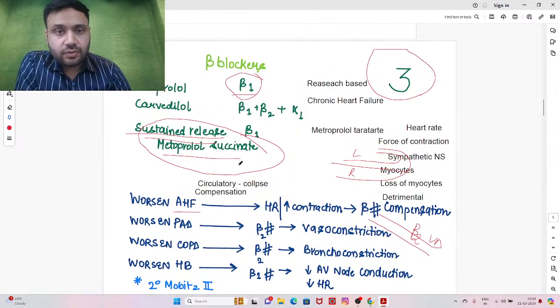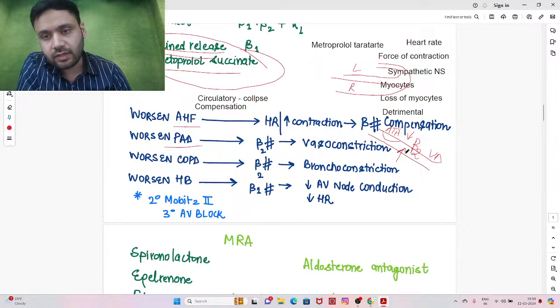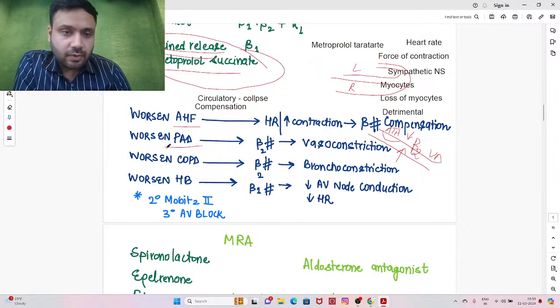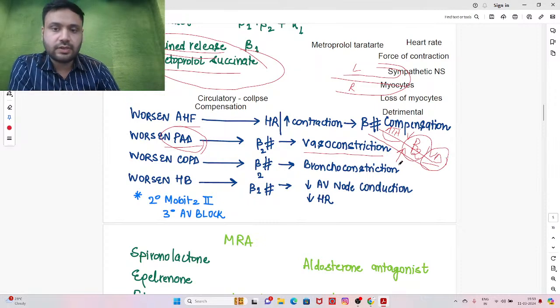If you gave a beta blocker to a person with peripheral arterial disease, where the blood vessels are blocked by atheromas, by atherosclerosis, you would narrow the blood vessel and cut off the blood supply. That is why beta blockers are contraindicated in peripheral arterial disease. They would cause vasoconstriction because the beta 2 action responsible for vasodilation is blocked.